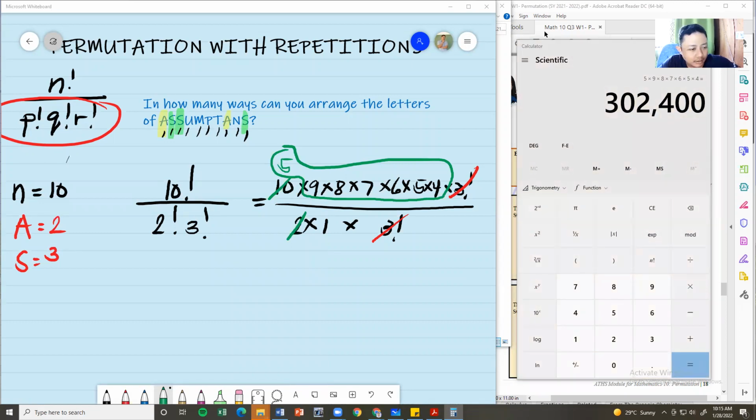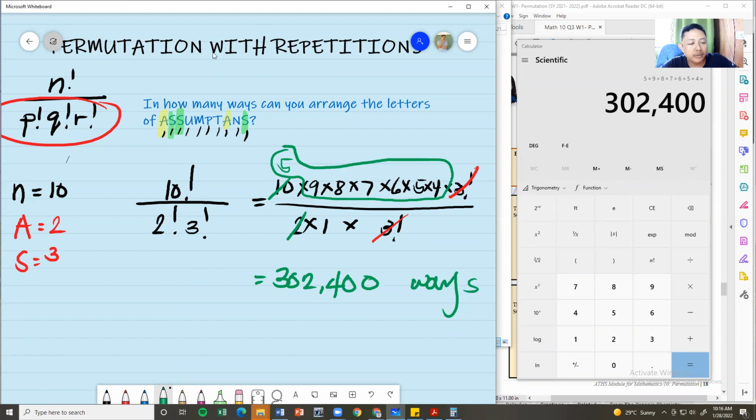We have the same answer as Riley, but Chloe's is a bit different. What's the correct answer here? 302,400. That is 302,400 ways to arrange assumptans.